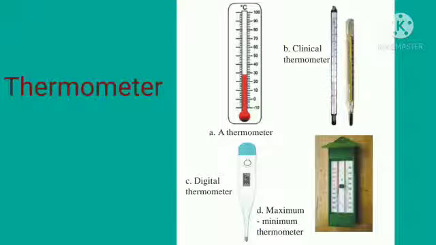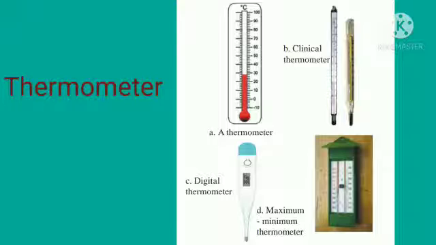Earlier, mercury was used, but as it is harmful for us, it has been replaced with alcohol. The rest of the volume of the tube has vacuum and its other end is closed. The bulb is kept in contact with the object whose temperature is to be measured so that its temperature becomes same as that of the object.